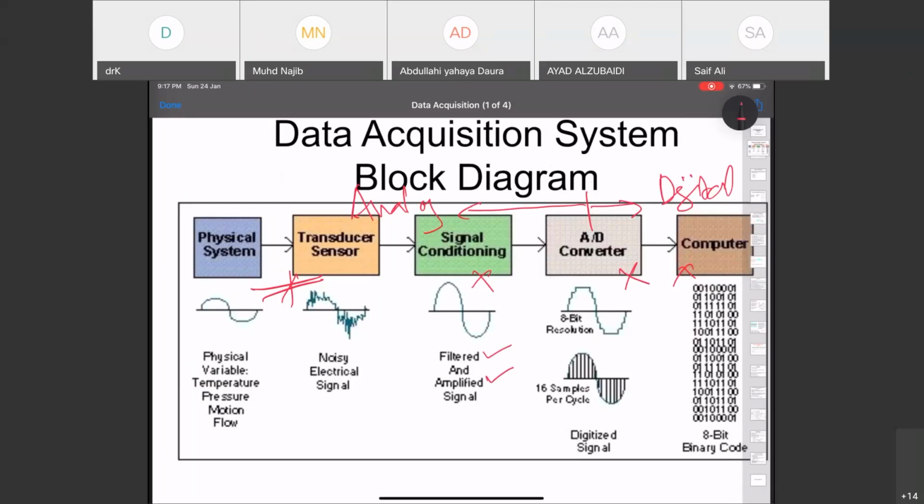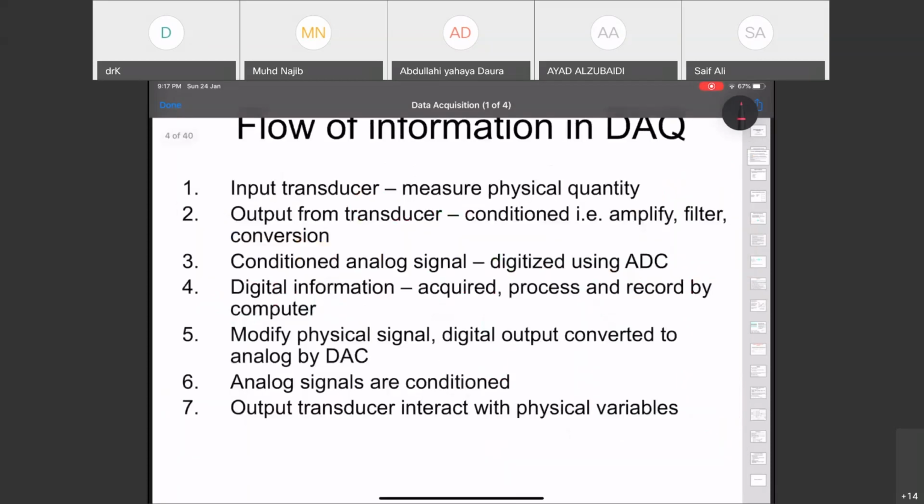Then you have A2D, which receives the analog signal and converts it into a digital representation by 0, 1, 0. If you are talking about any kind of DAQ system, you are describing this block diagram system.